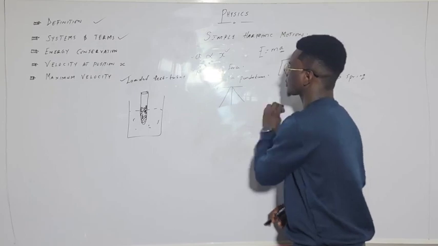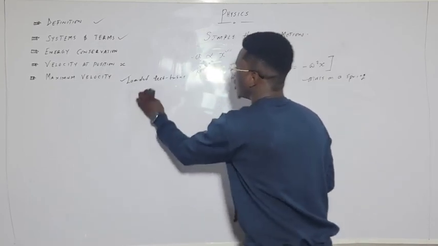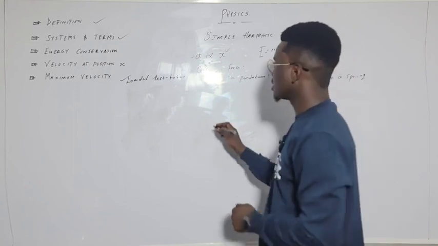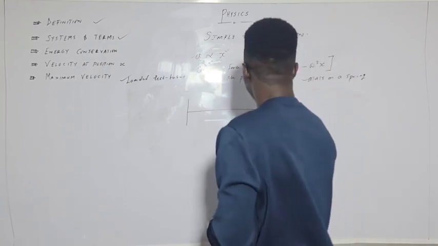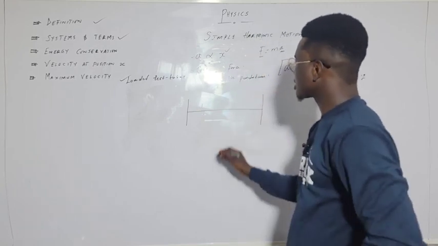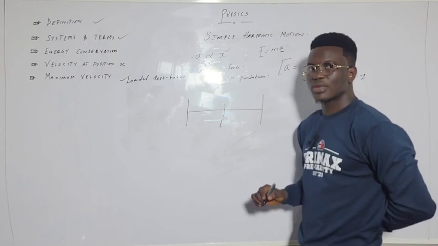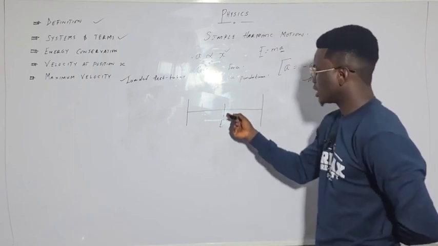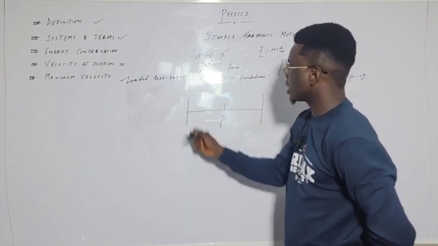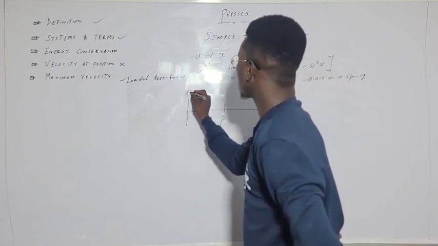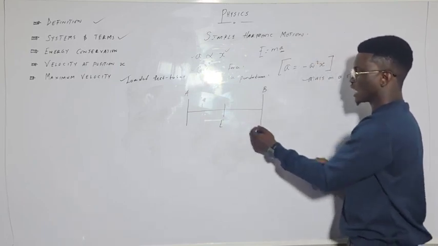So if I have a straight line like this, the center of this line represents my E. What do you think my E is? The equilibrium position. If I pull the body and let go, it goes back to E, then goes back to this place. Let's call this A and let's call this B.